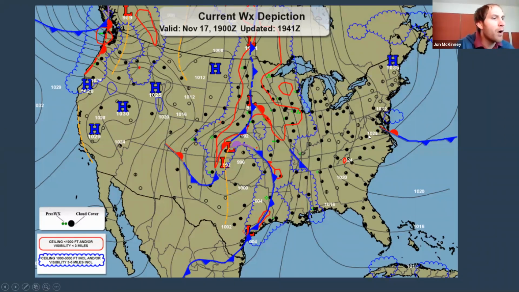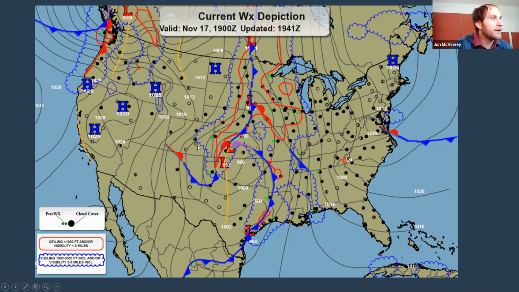We have small pockets of IFR down here over Cuba. We have larger pockets of IFR over Eastern Canada. And now here's the large pocket of IFR. I mean, this sucker's stretching all the way from Canada to Mexico, dang near.